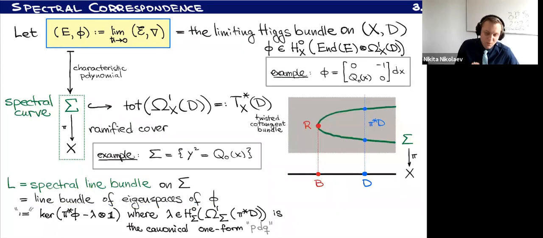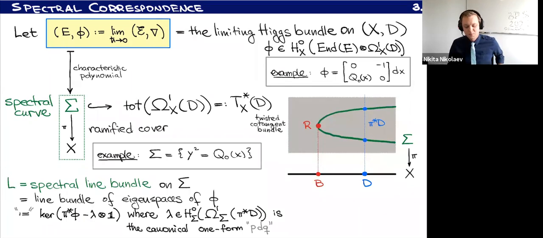The more correct definition of L is that you take your endomorphism phi from the base, and you pull up the bundle and the endomorphism phi. Now you have an endomorphism of a bundle on sigma, and then you look at the kernel of this endomorphism, where lambda is the canonical one form, sometimes called the Liouville one form or the tautological one form.